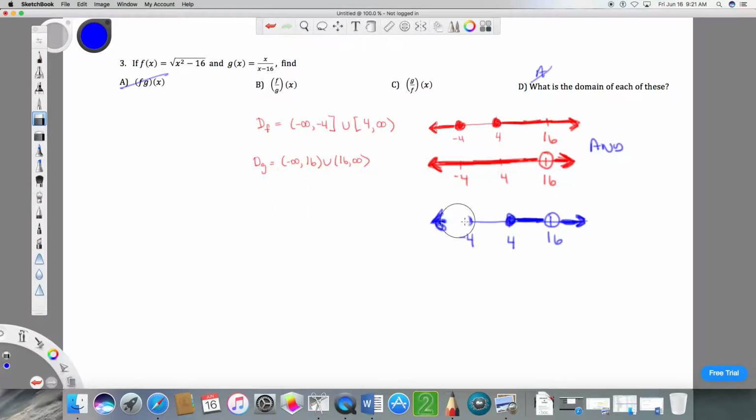This was the intersection of those two, and that may not be our final answer there. But it is true that the domain of f and the domain of g are not going to change as we go from part A to part B to part C.